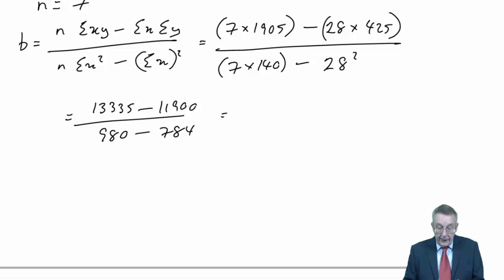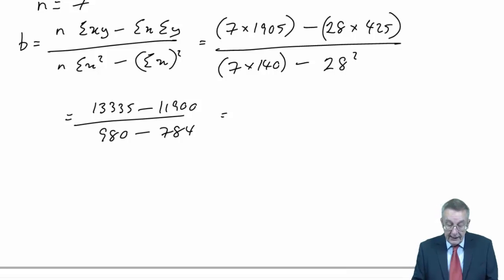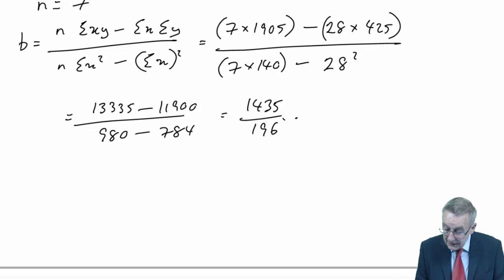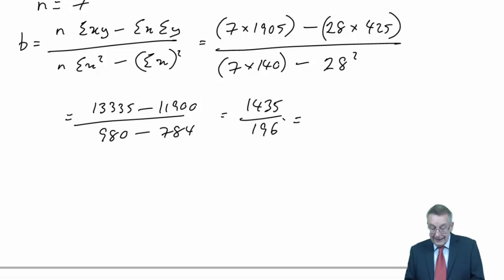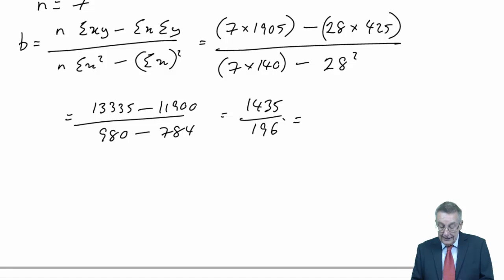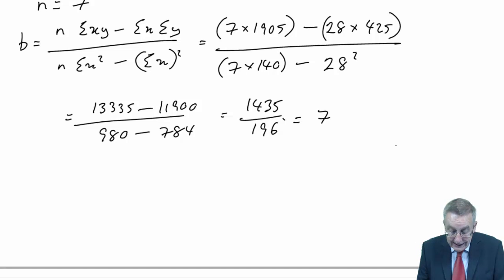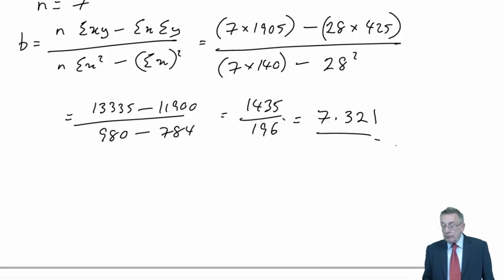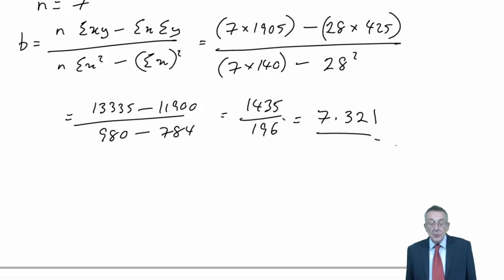So I'm nearly there. 13335 minus 11900, 1435, over 980 minus 784, 196, is 7.321. I'll talk about rounding shortly, but let's get it finished first. But 7.321.